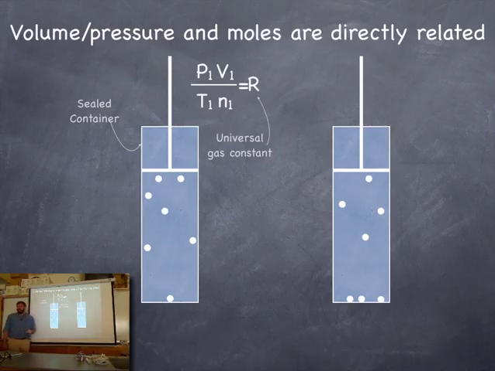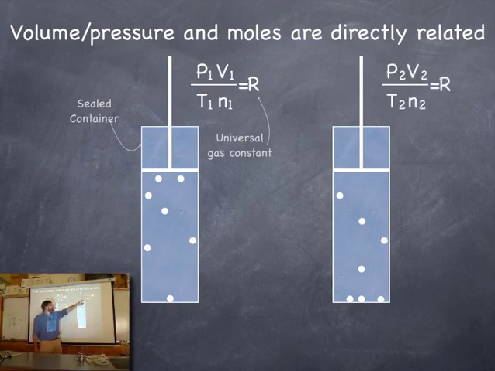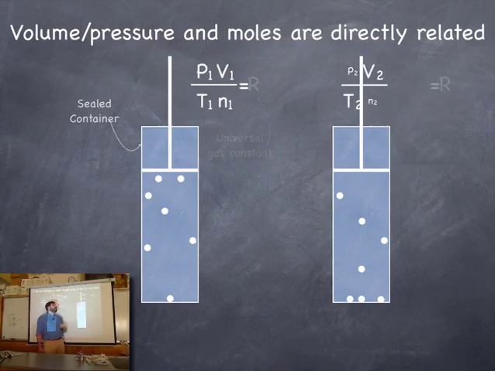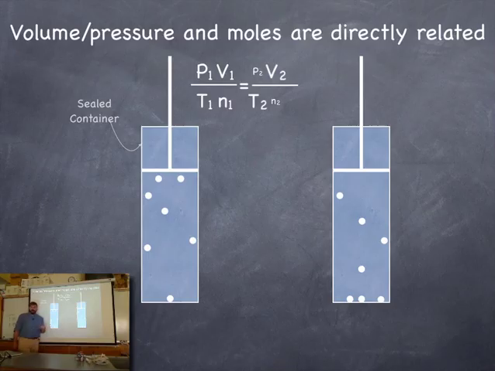How is that going to affect the collisions? Fewer particles, fewer collisions. So when I look at this situation here, there are just fewer collisions taking place. And what that does is it changes this n value. n is the moles of gas. If this goes down, then the pressure will go down at the same time, assuming constant temperature and volume.